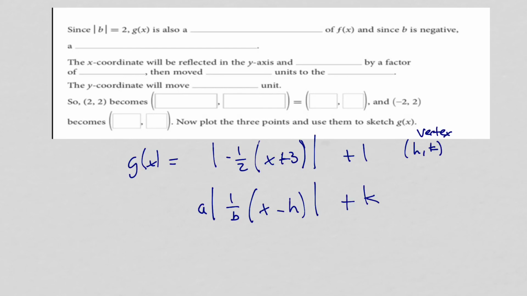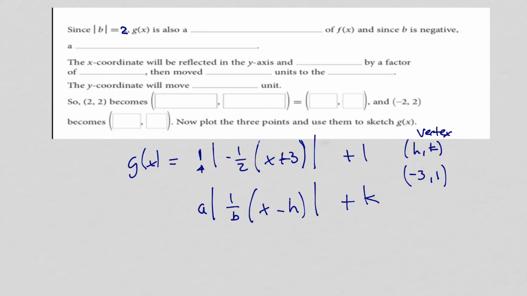So in this scenario, our vertex was negative 3 and 1. And a here would just be 1. If a is not shown, typically it means it's 1, because the multiplication by 1 is implied. But our b here, the absolute value of b was 2.